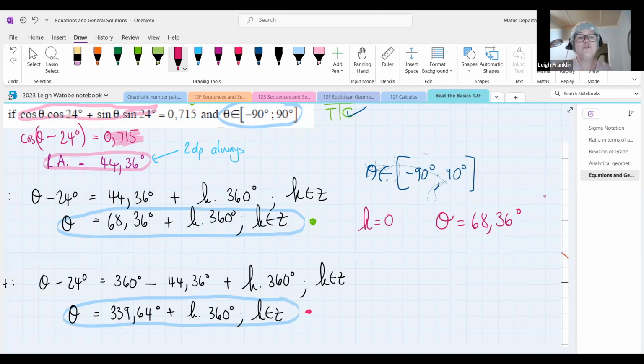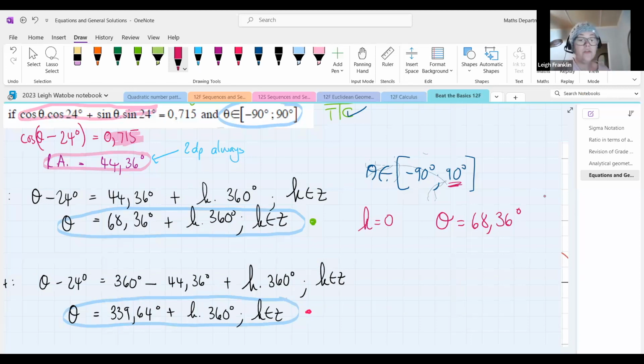If K was equal to 1, then our angle is going to be bigger than 360, which means it's far bigger than that, as far as this one over here is concerned, this 339. Now we need to figure out what can we make K equal to so that our answer ends up somewhere between 90 and negative 90.